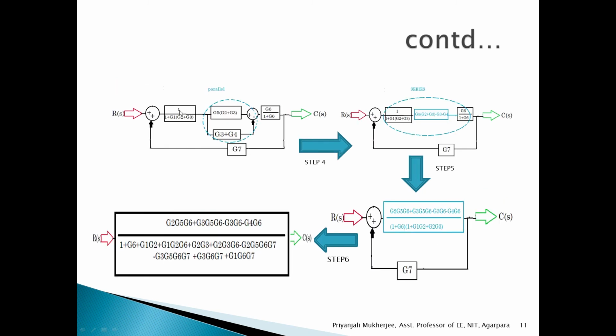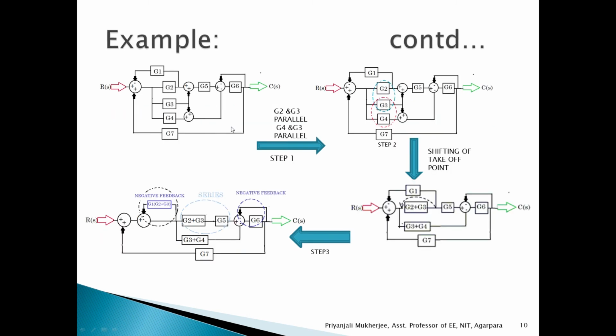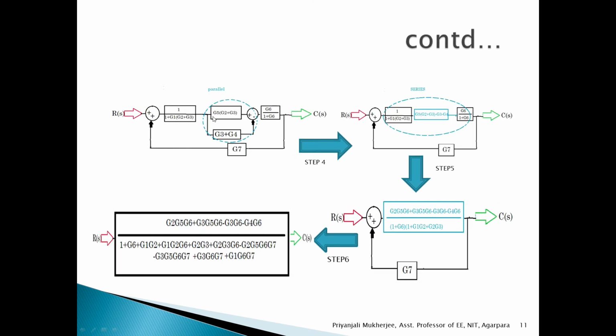And next, G5 is in series with G2 plus G3, so G5 will be multiplied with this combination. Look at this, G5 is multiplied with this one, and G3 and G4 are in parallel connection with this block. And next here we are also removing the negative feedback, that is G6 by 1 plus G6.